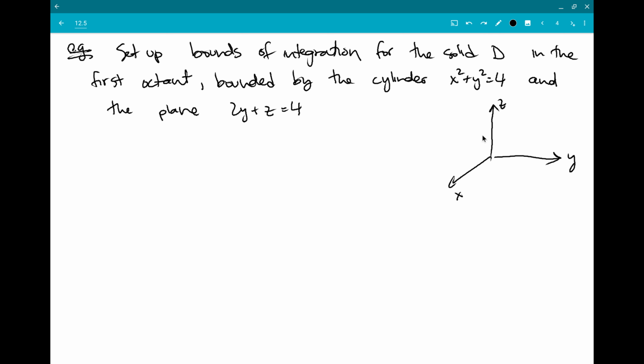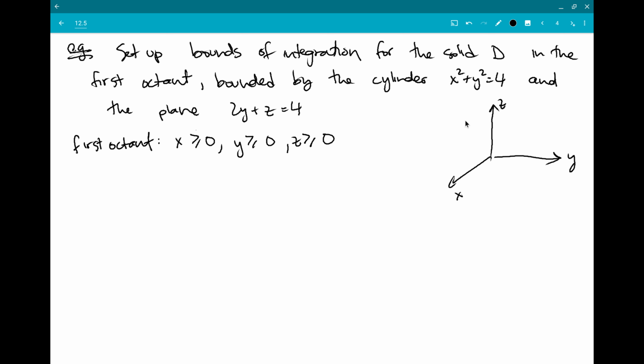And so first octant just means x, y, and z all positive. Just this sort of corner of 3-space that I tend to draw first usually.